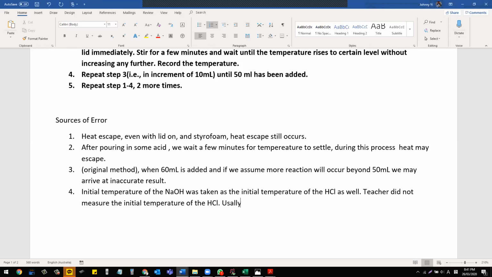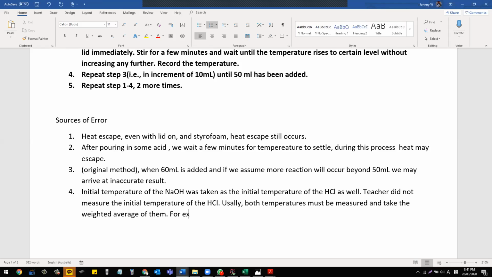And usually both temperatures must be measured, and you take the weighted average of them, okay?